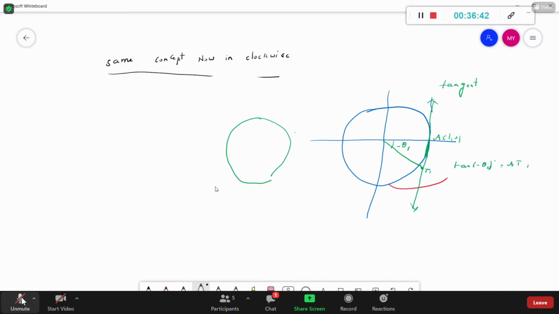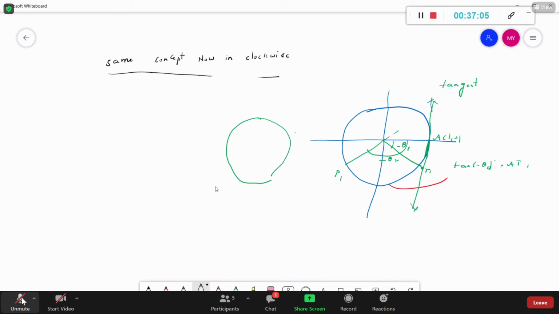If I rotate OA through an angle theta 2 in the clockwise direction, so minus theta 2, this point is P1. Now I can't extend like this. My aim is to meet the tangent at A, so we have to extend like this.